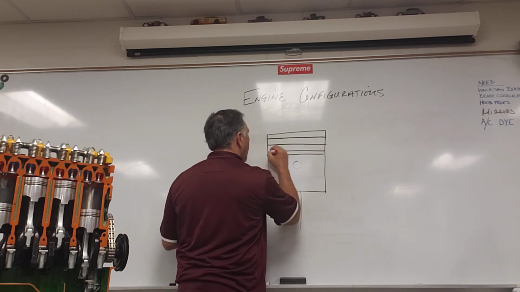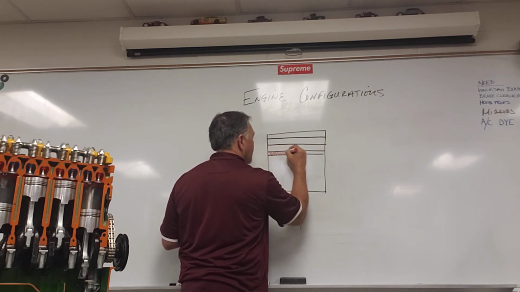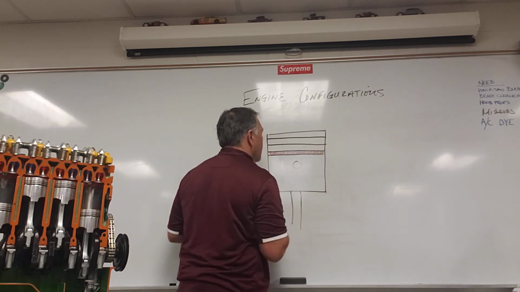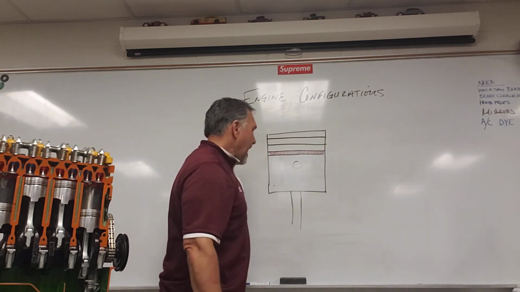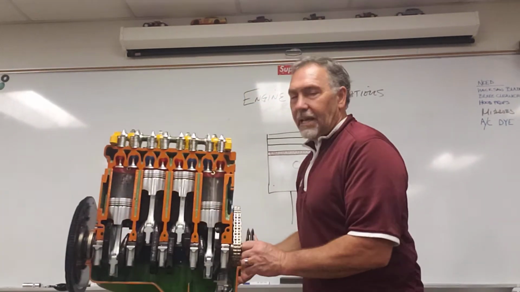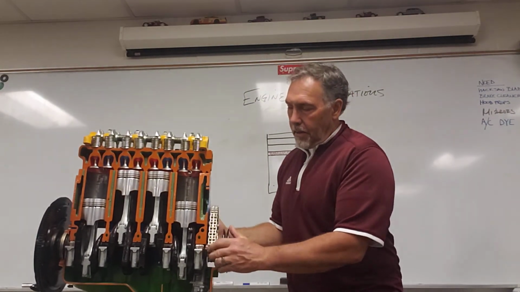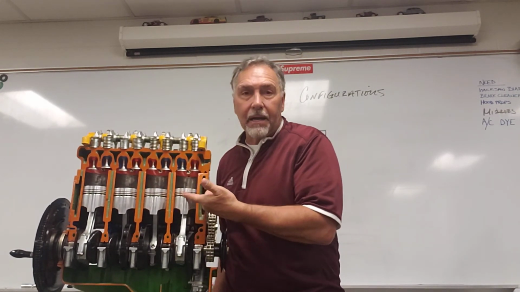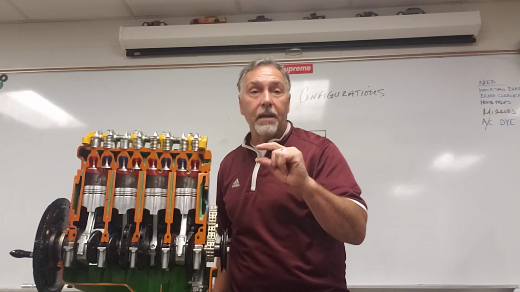Well, the one on the very bottom, the bottom piston ring, is quite thick in diameter, and that is our oil ring, as we talked about before. If we take a look here on our engine, you can see on these pistons that this bottom ring right here is quite a bit thicker.